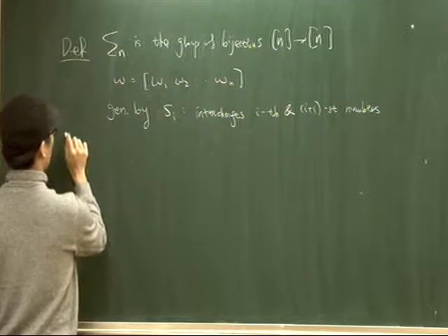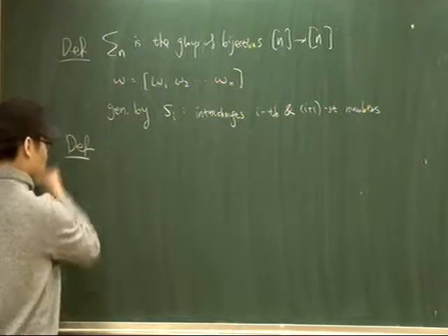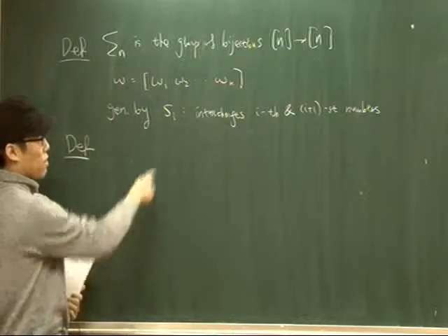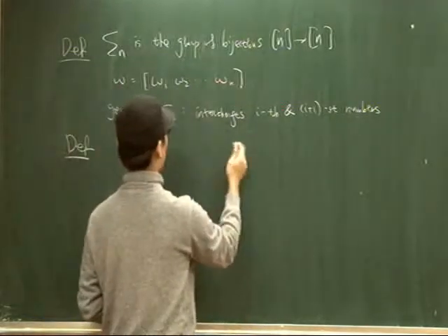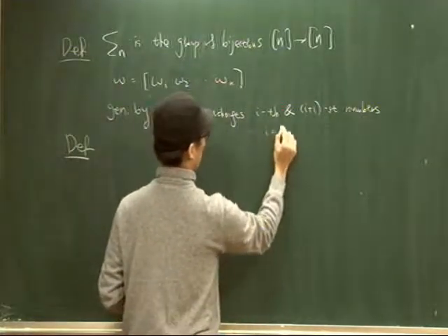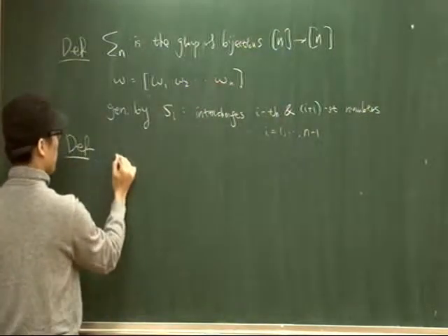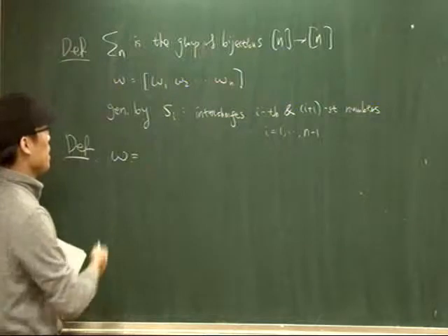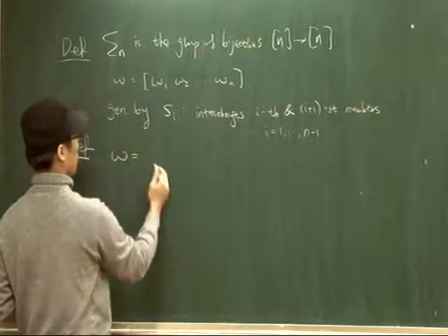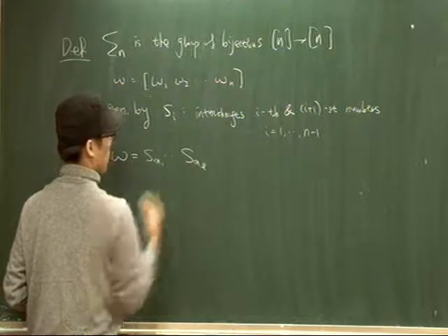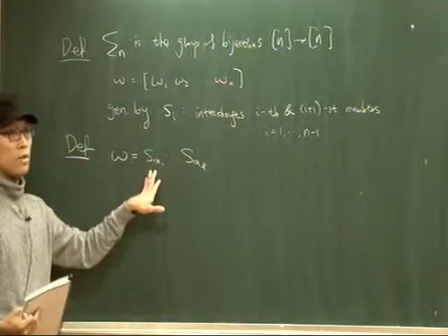Since this group is generated by these simple transpositions, where i goes from 1 to n minus 1, any element w in S_n can be written as a product of simple transpositions.